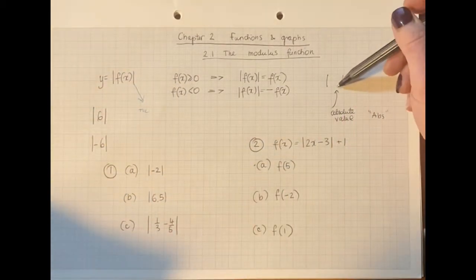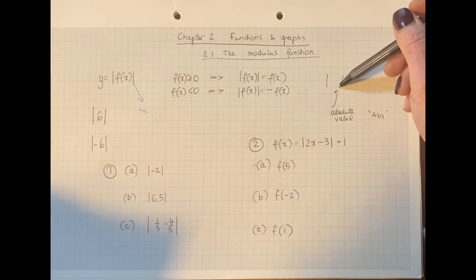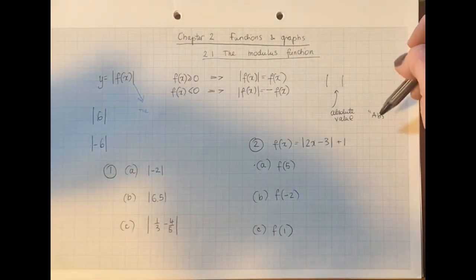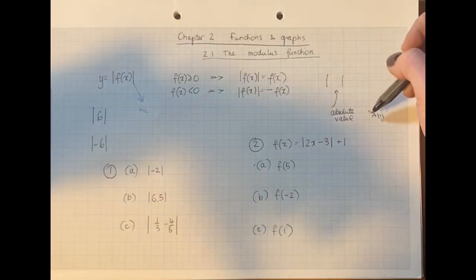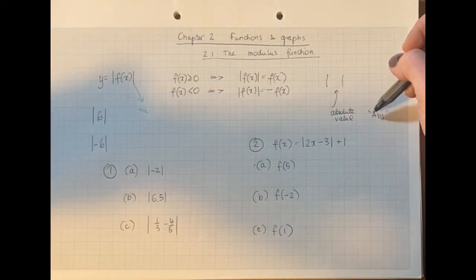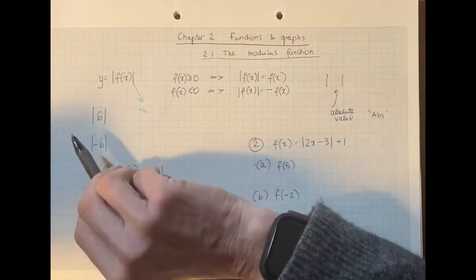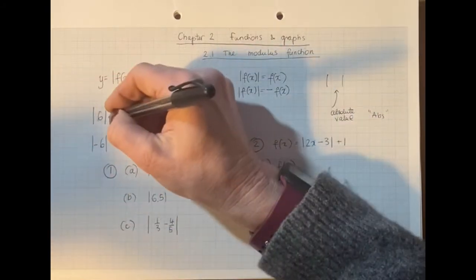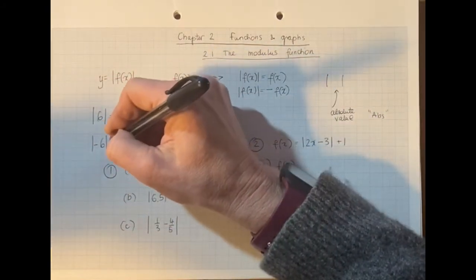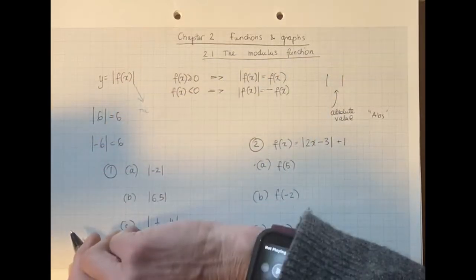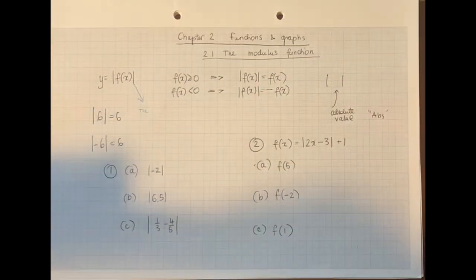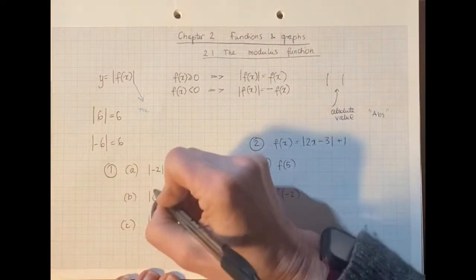You do have a calculator key called abs, and that simply calculates the absolute value of any number, changing negative values to positive. So for example, modulus of 6 is 6, modulus of minus 6 is still 6. There you go. So the first thing is to get used to it.